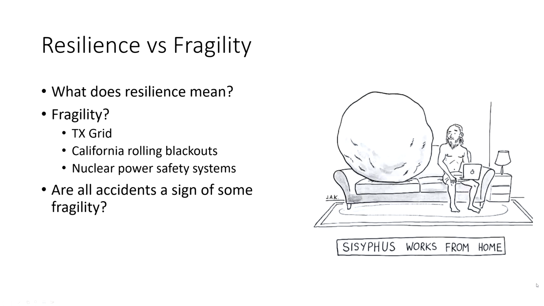Okay, so resilience versus fragility. So what does resilience mean? Typically, the definition of resilience is the characteristic of a system or component or process, etc., person, to maintain performance given faults or different events that are limiting their performance.